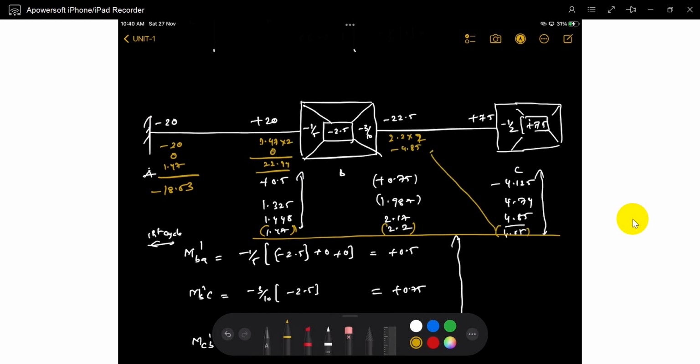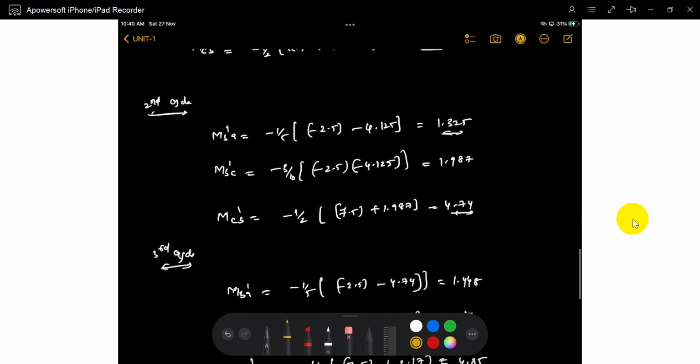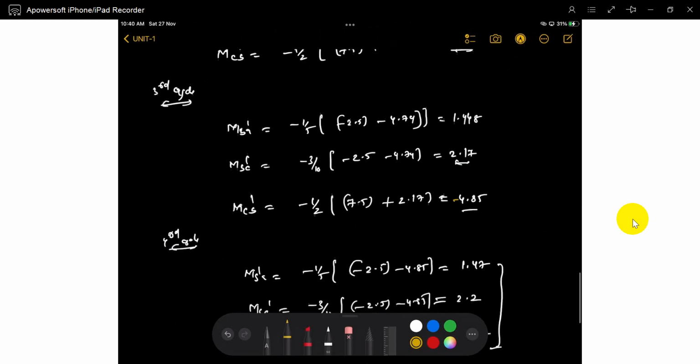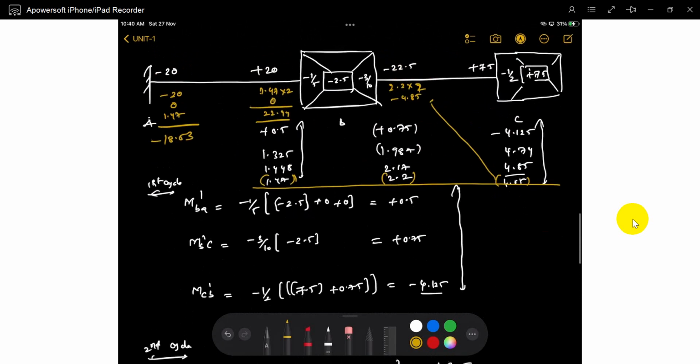So everything is minus, you will get minus 22.95. Same.